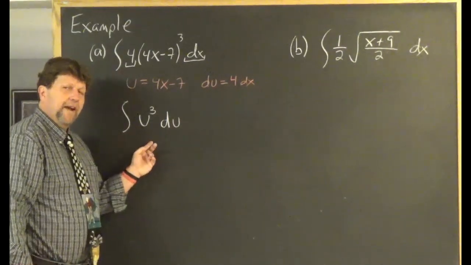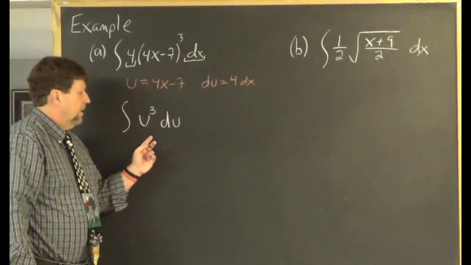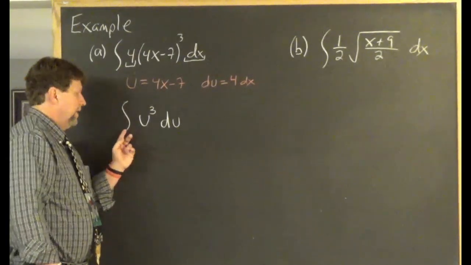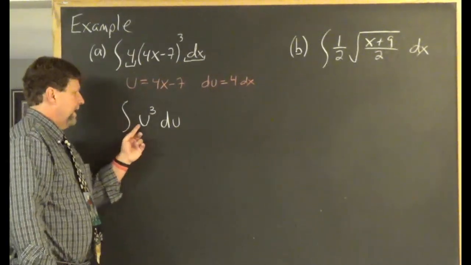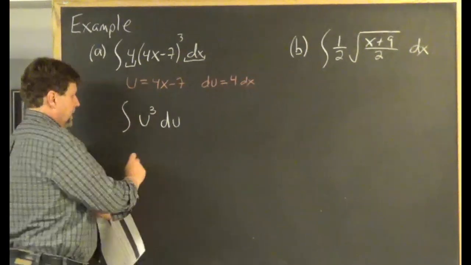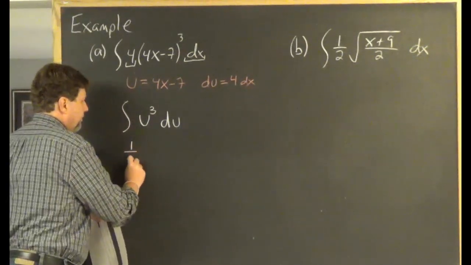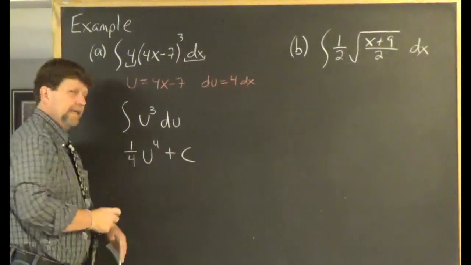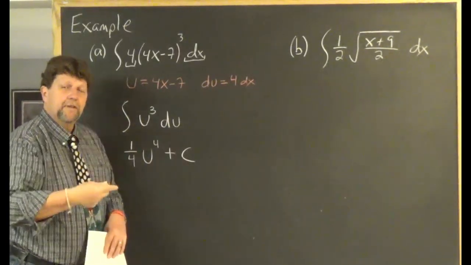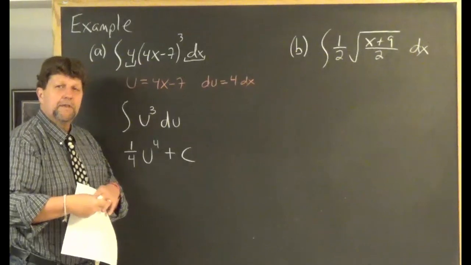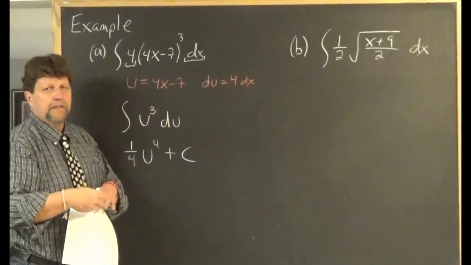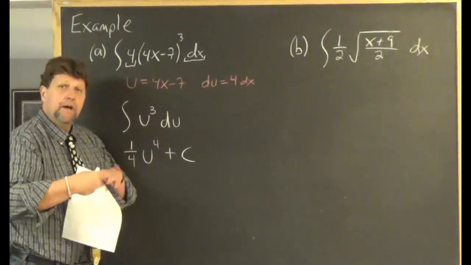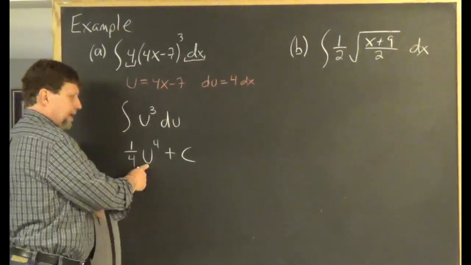Now we have a very, very friendly integral. I mean, this is just power rule. The antiderivative of u cubed, well, we know that is 1/4 u to the 4th plus c. And then my final step is to replace the u.